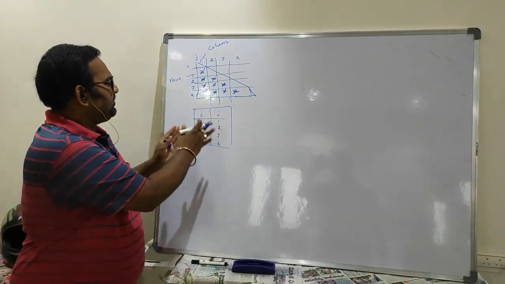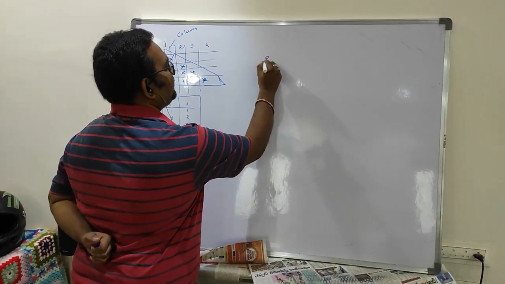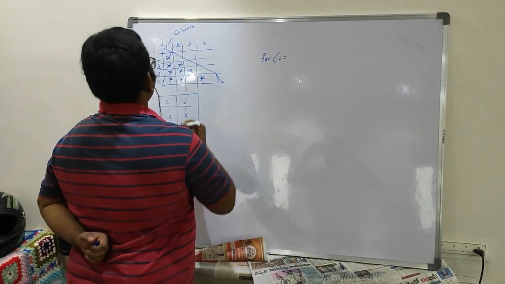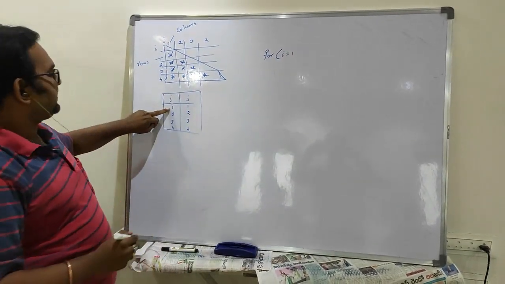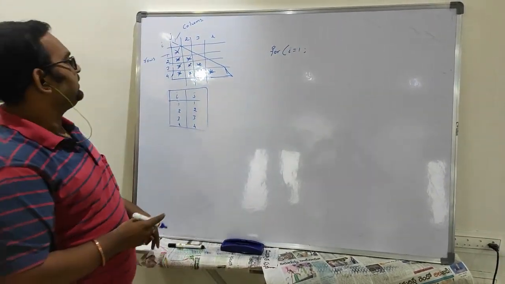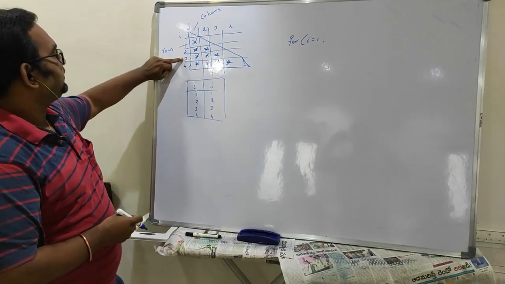Now I need to implement this logic. How are you going to implement it? With a for loop. Say for I is equals to 1, so I am starting with the point 1. Then a semicolon. So where do I need to go? 1, 2, 3, 4.